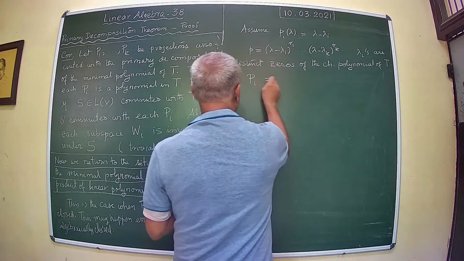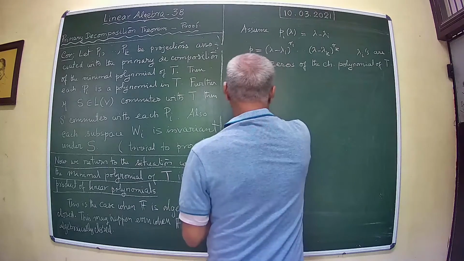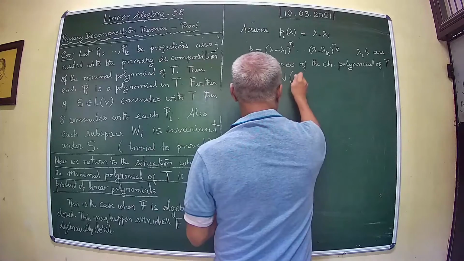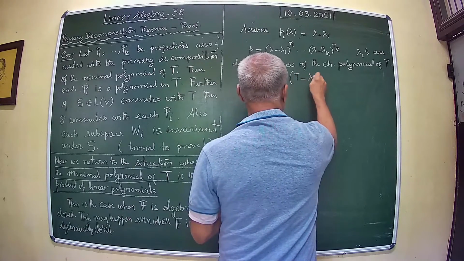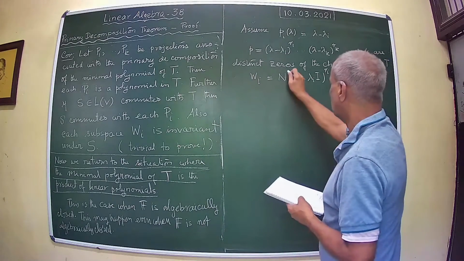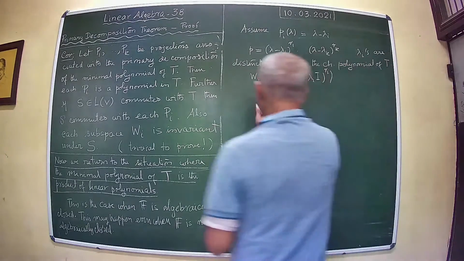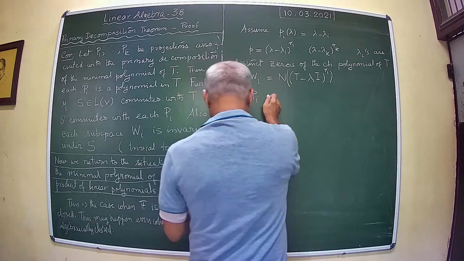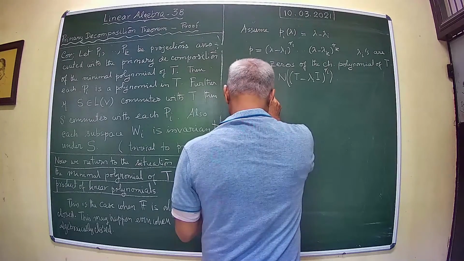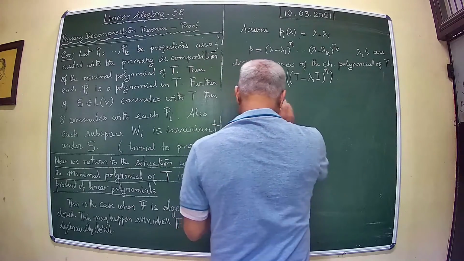So our E_i is equal to W_i, the null space of (T - λ_i I)^{r_i} over V. Then P_i is... then what we have is this.